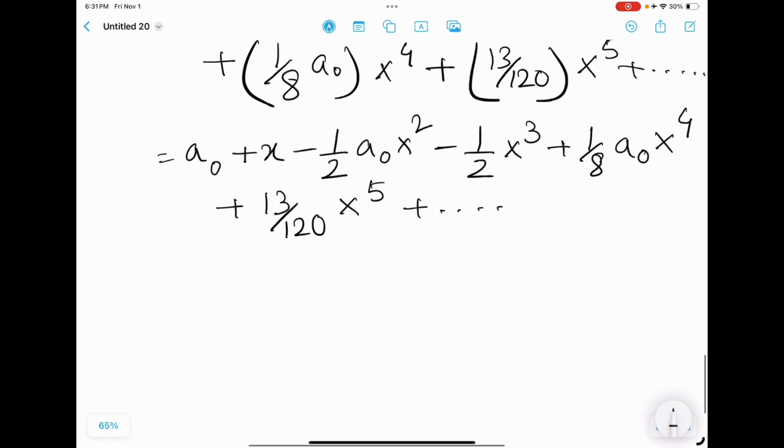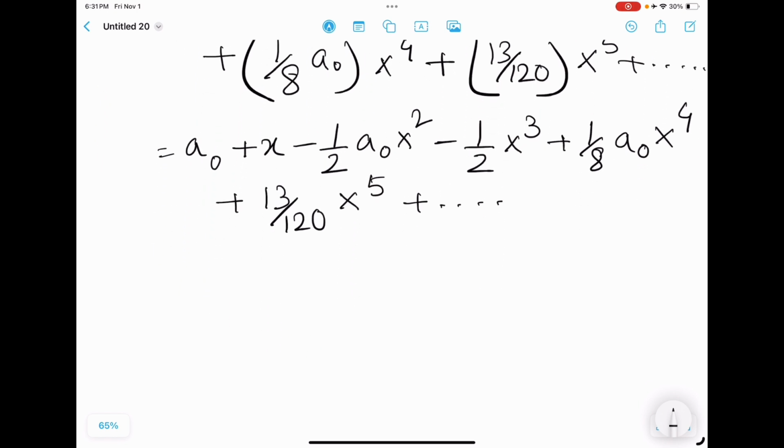Now, I can see that I have alternating terms for my a sub zeros, right? Again, you can leave this answer as it is. And if you want to group them, like we usually do in all our problems, you can do that as well.